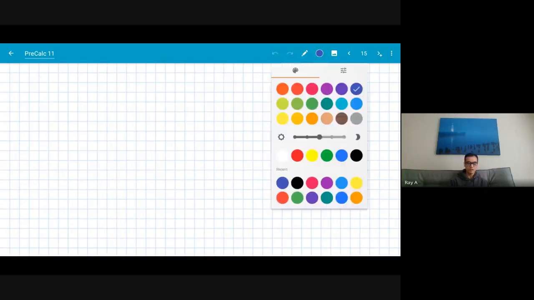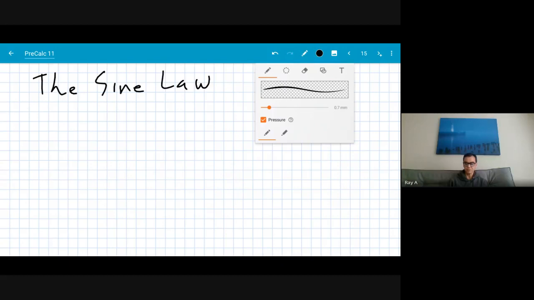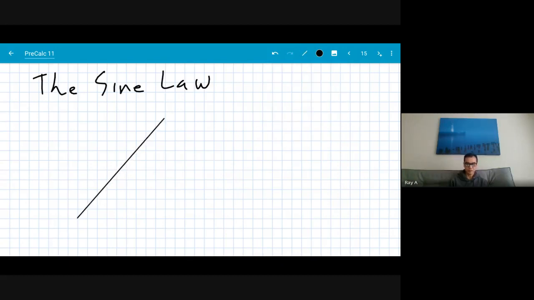All right, so the sine law talks about how you can solve for the side or an angle of a triangle. Okay, so for example, I have something like this. This is not a right triangle.